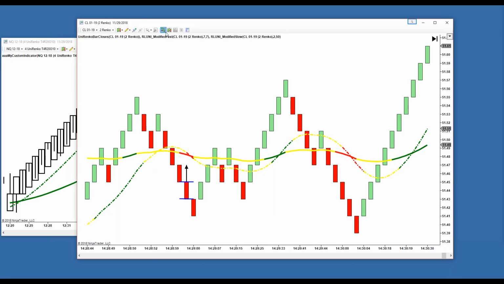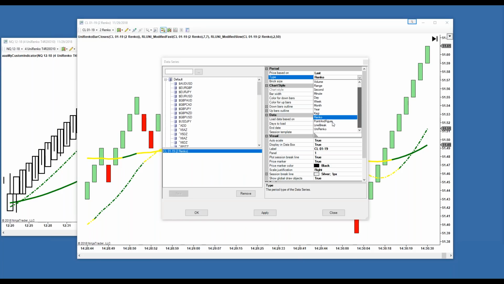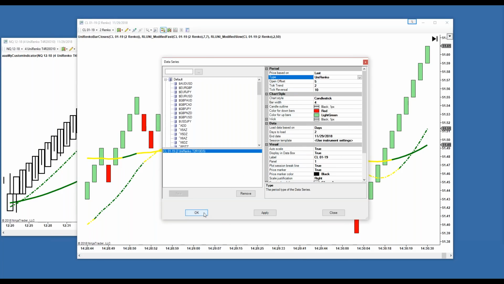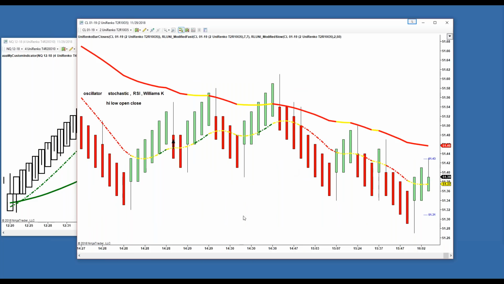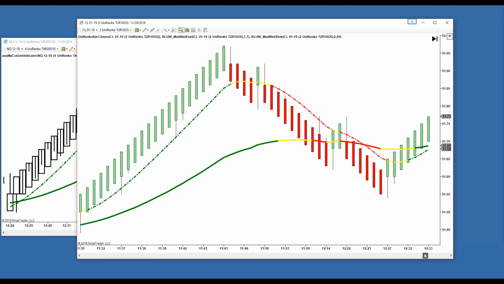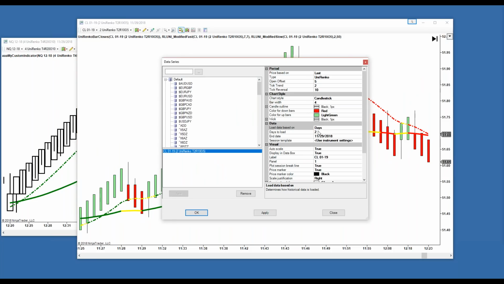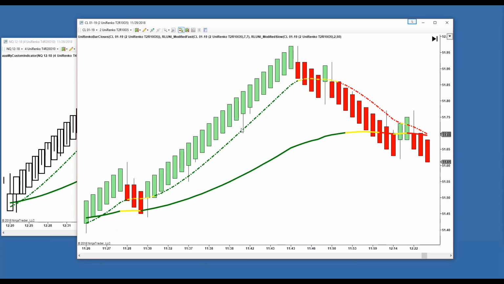Now then, let me show you standard Renko. Standard Renko, I think, is a step up from Renko, because standard Renko projects a wick.